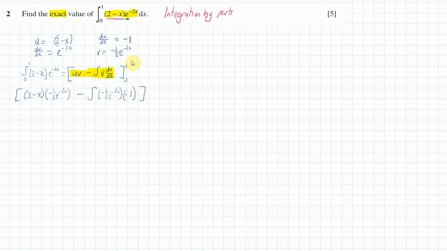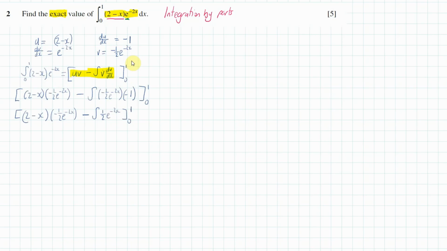And we've got our limits there. So let's have a look at this. Next line. We've got this again. And then we've got a minus, we've got to integrate this. I could just maybe write it as 1/2 e to the minus 2x, and again put in our limits.